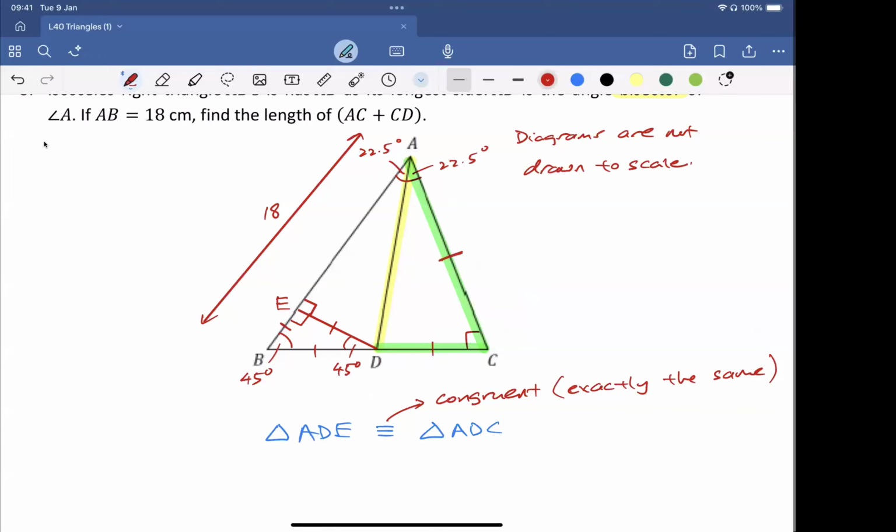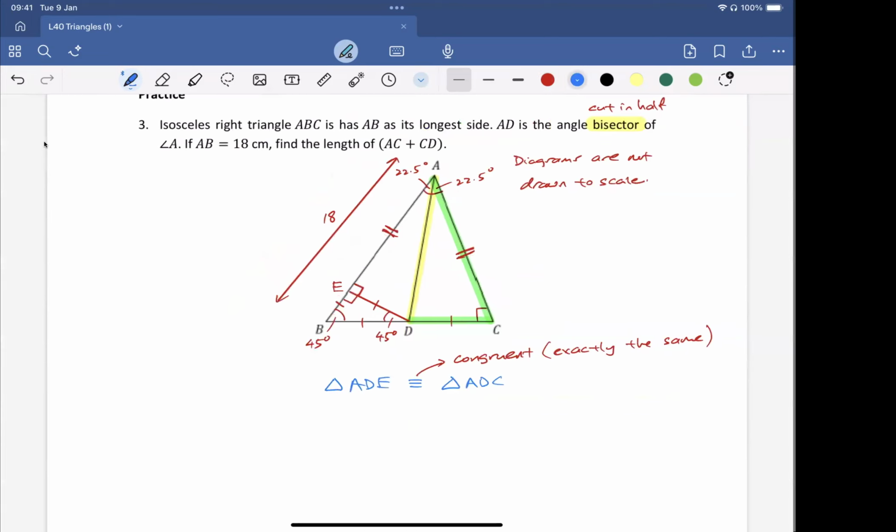That means this length is equal to the length AE. So let's write it down. AC is equal to AE, because these two triangles are congruent. Therefore, AC and AE are the same length. We also know that CD and ED are the same length.